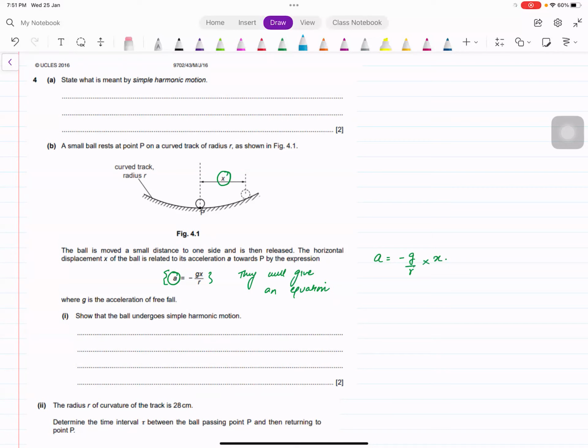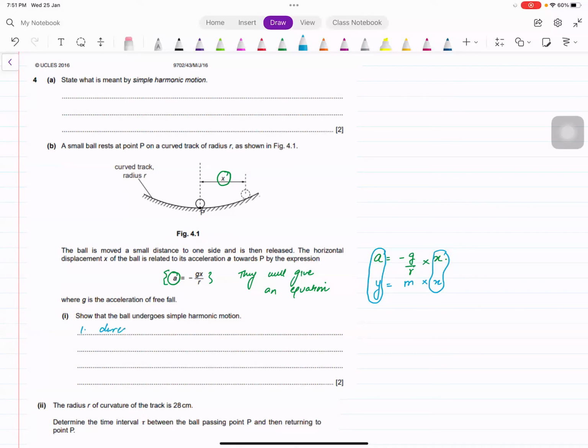Once I've done this, then I can simply put it against y equals mx. Now, if you see this, this is y. This is x. So we're going to say two things again. Acceleration is, okay, sorry, my bad.